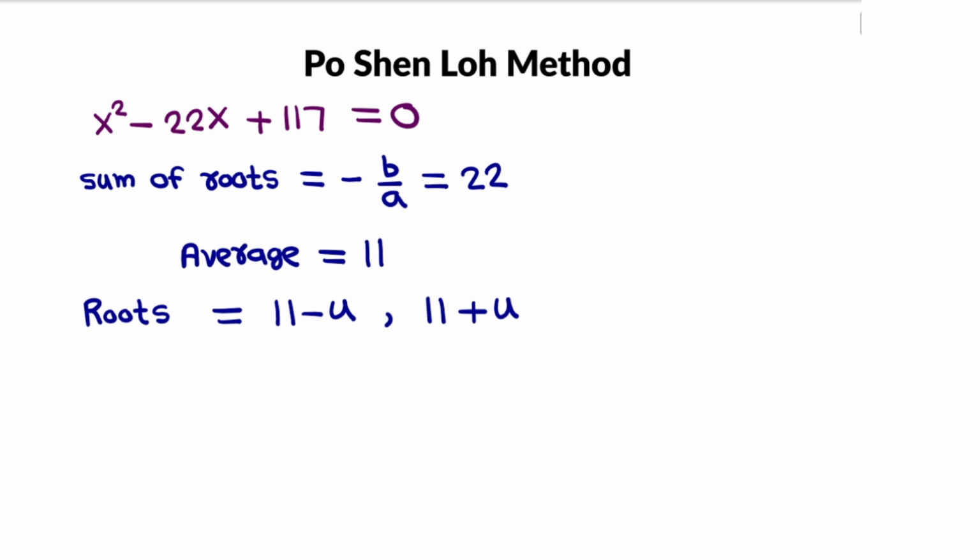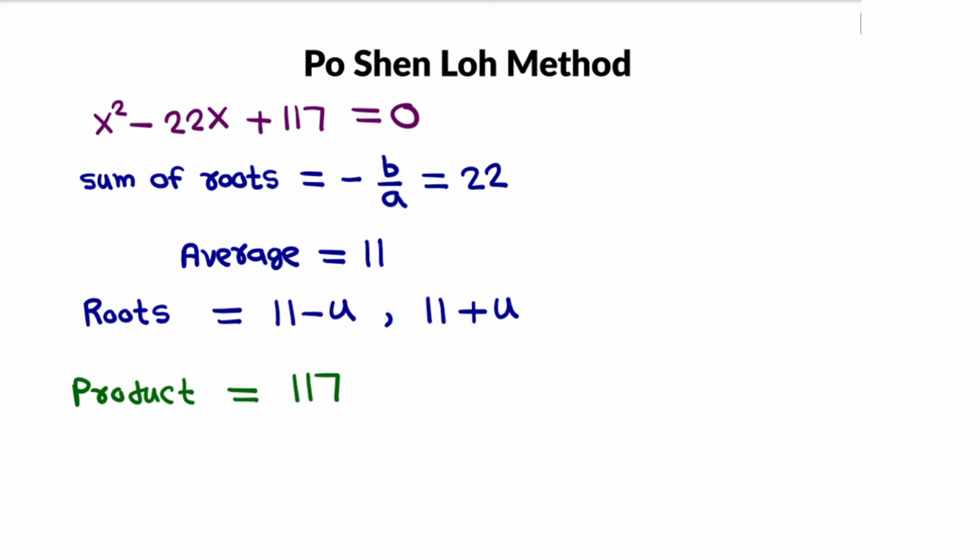Now, use the second fact about quadratics. The product of the roots equals the constant term. So their product must be 117.